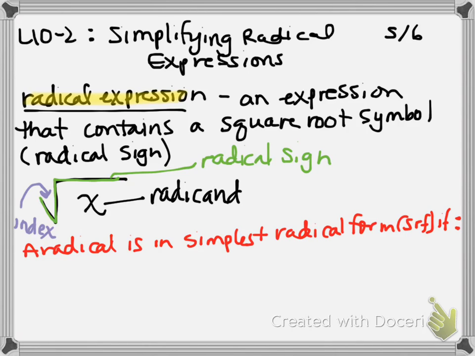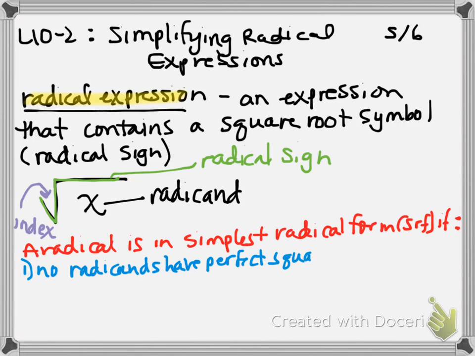One, and this is the one that you guys were really practicing last night: no radicands have perfect square factors other than 1. So I can leave a 1 under the radical sign and I'm okay.